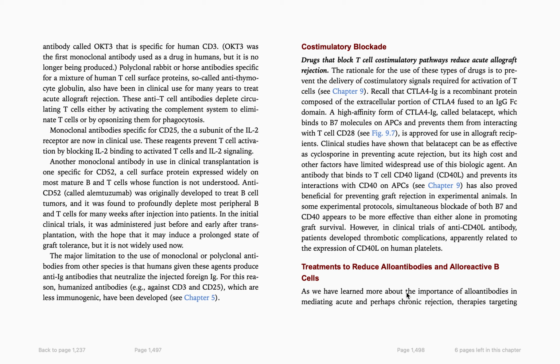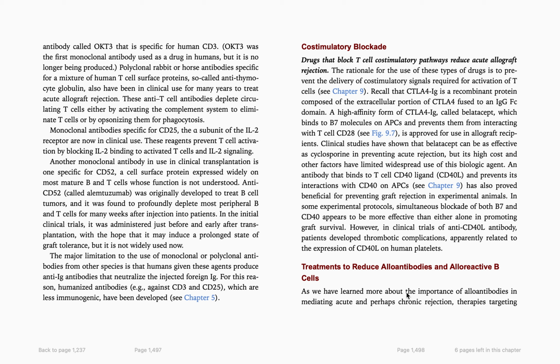Clinical studies have shown that belatacept can be as effective as cyclosporine in preventing acute rejection, but its high cost and other factors have limited widespread use for these biological agents. An antibody that binds to T cell CD40 ligand and prevents its interaction with CD40 on antigen-presenting cells has proved beneficial for preventing graft rejection in experimental animals.